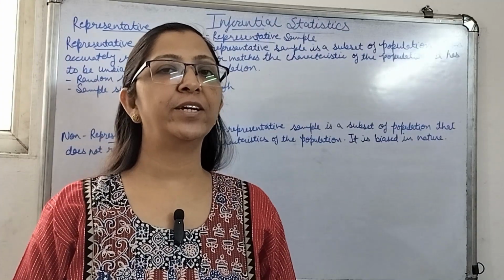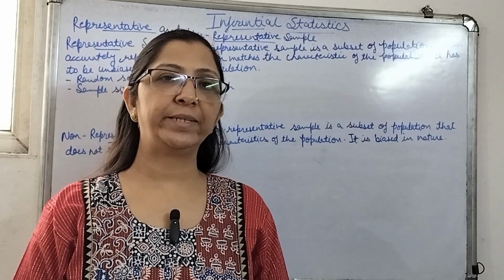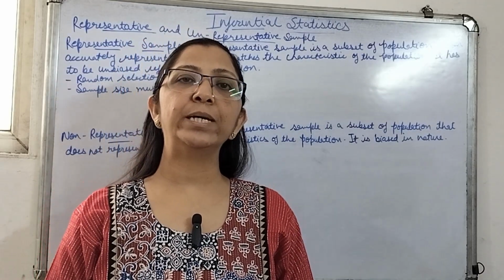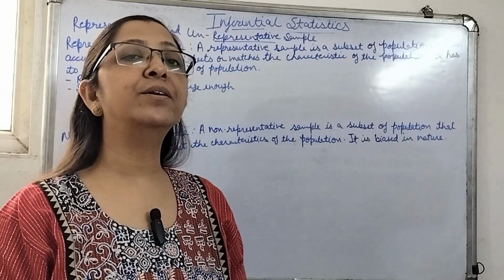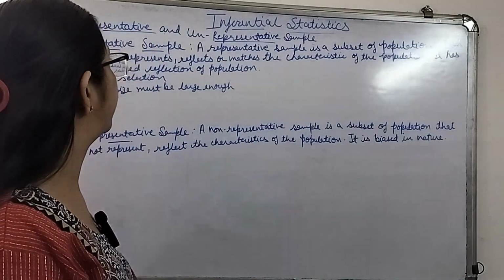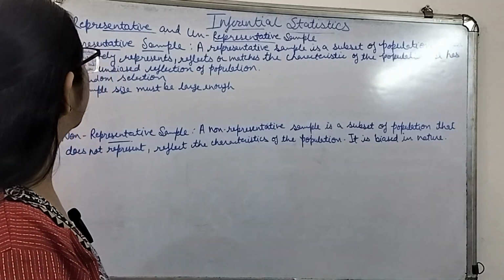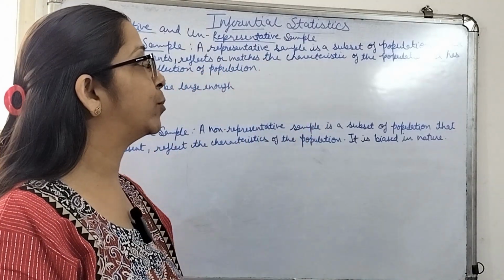Just now we have seen various types of sampling, that is probability sampling and non-probability sampling. Now let's see the types of samples. There are two types of samples. One is your representative sample, another is your unrepresentative sample. Now let's see what a representative sample is. A representative sample is a subset of population which accurately represents, reflects or matches the characteristics of the population.